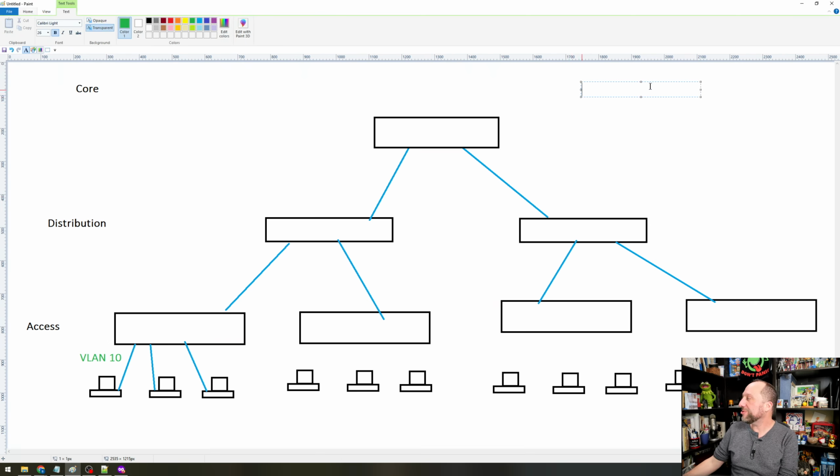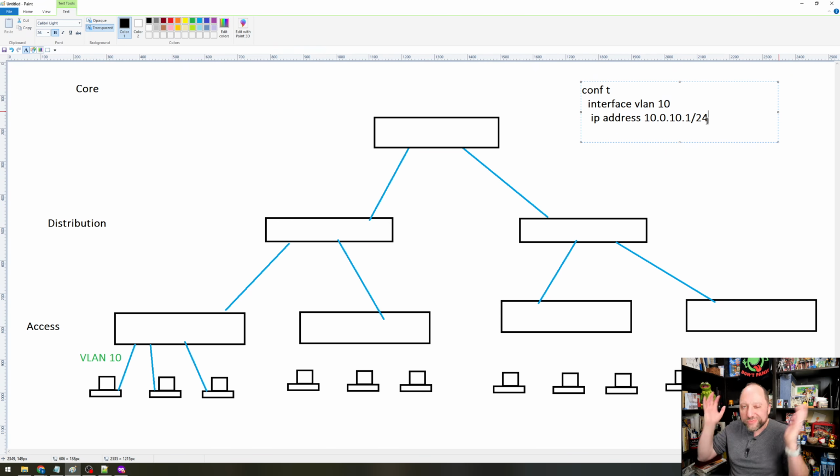Literally it would look like, I'm just going to type it in up here, something very much like, different operating systems are different, config terminal, and interface VLAN 10, and then IP address 10.0.10.1/24, or most Cisco's will make you do 255.255.255.0, same thing. And then press enter.